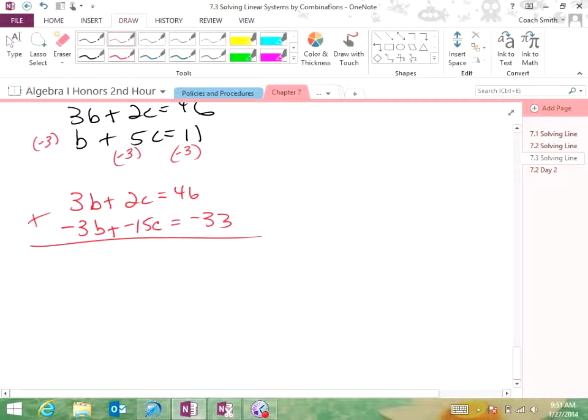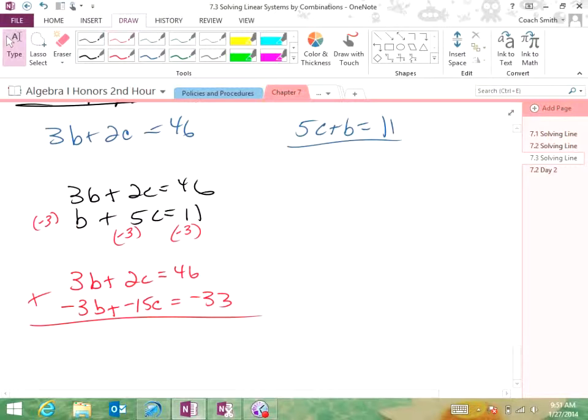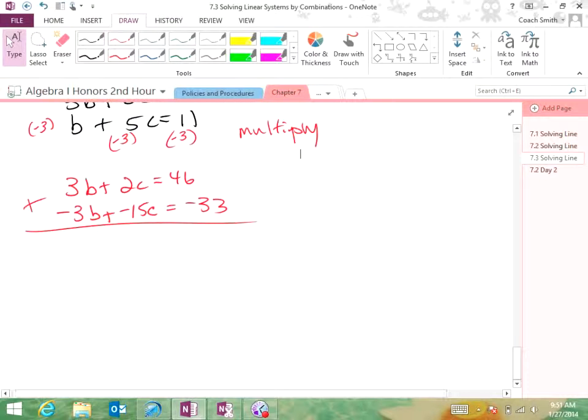Now I'm going to add them. So we arranged the terms, and then we multiply to combine. And now we're going to add the things together. That gives me no b's, and then it gives me negative 13c is equal to what?